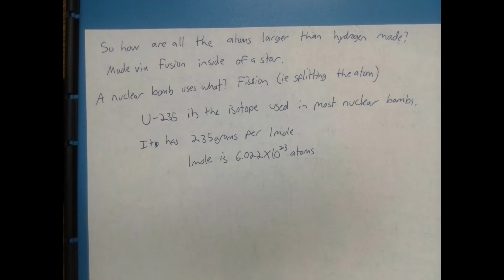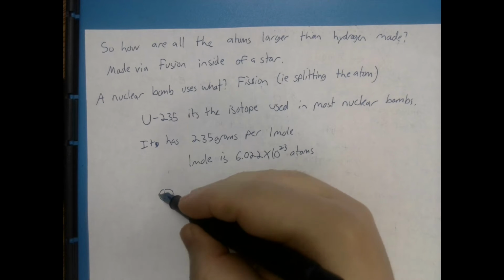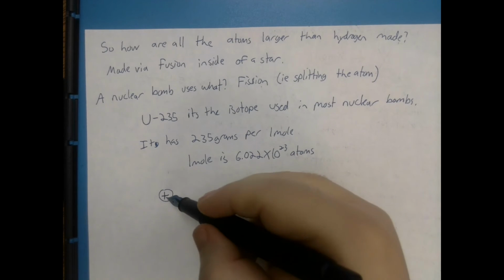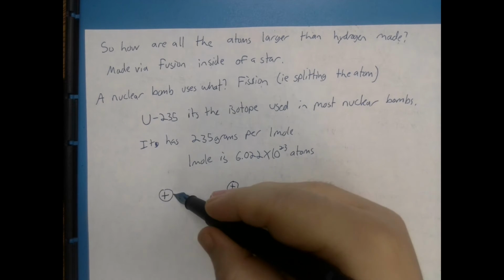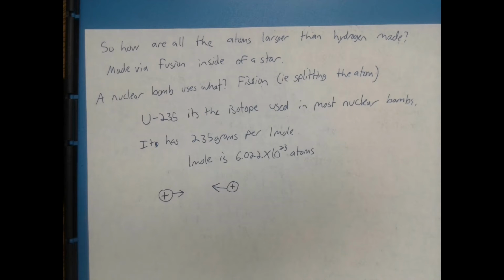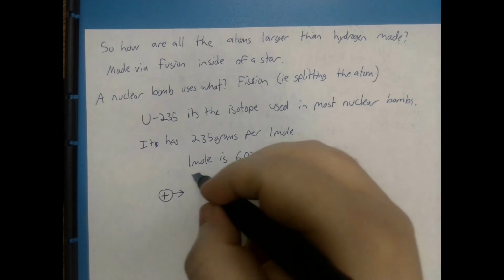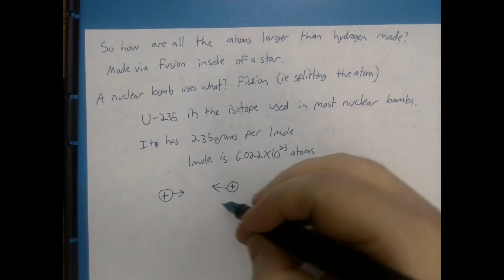There is no possible way we can efficiently split the atom, because the nucleus of the atom is positively charged, and the nucleus of another atom is positively charged, and in order to force them to hit each other requires more energy than would be released. So they were like, this is impossible.